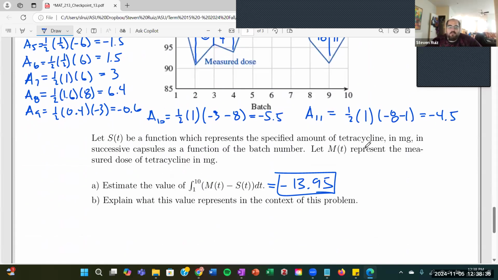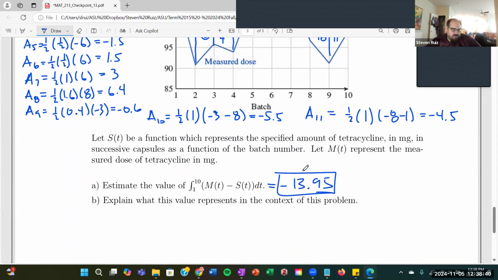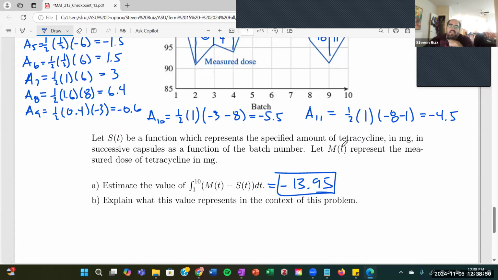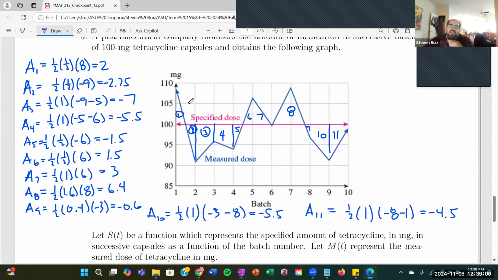So what does this answer mean? What did I just find? I found that the value of this integral, let's say, is -14. What that means, I believe, is, well, let's figure out what I measured here. This function is giving me the number of milligrams per dose, and I integrated it over 10 doses.